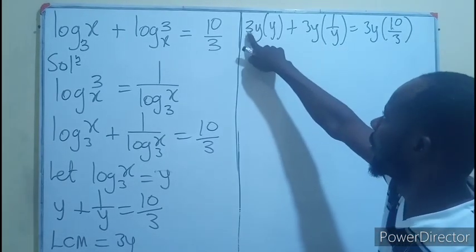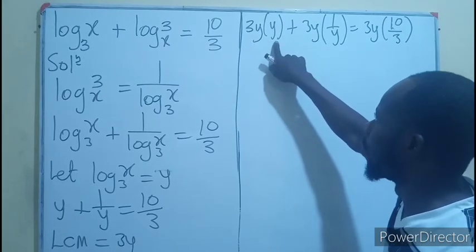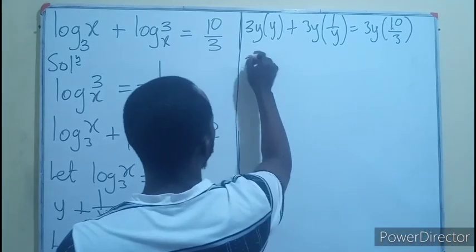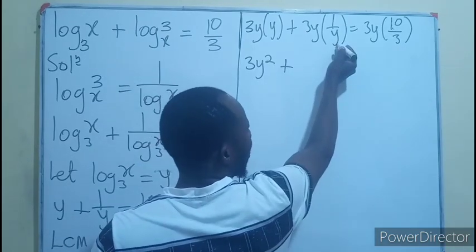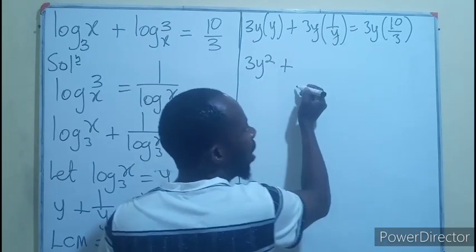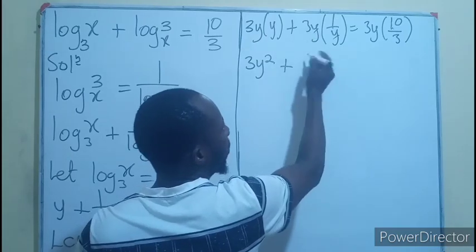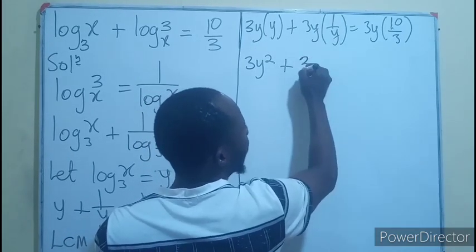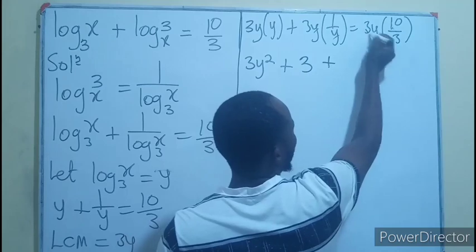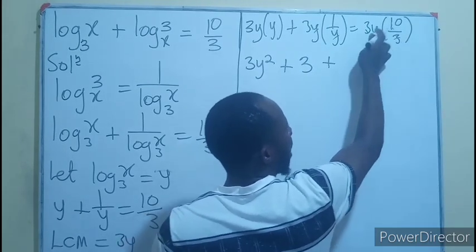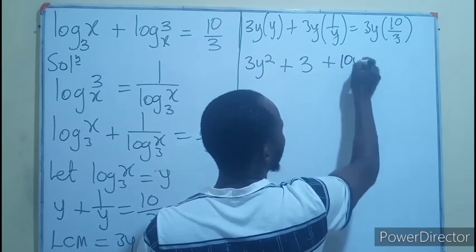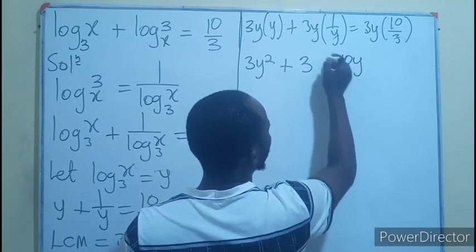So 3y times y will be 3y squared. Then the y in the denominator cancels the y in 3y, so I am left with 3 times 1, that is 3. Here the 3 also cancels the 3 in the denominator, leaving y times 10.